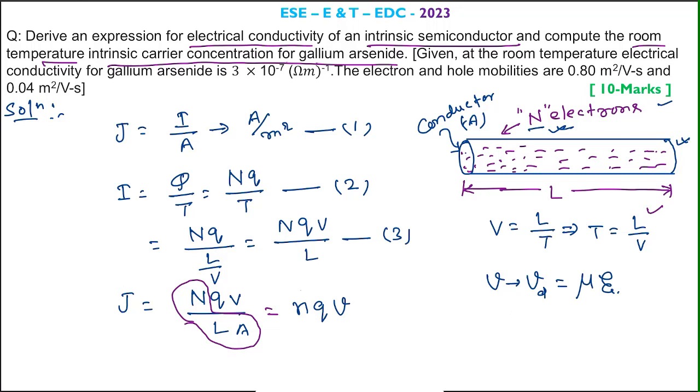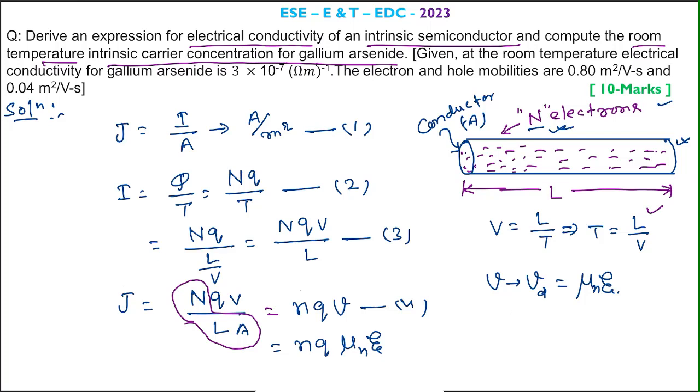So equation 4 can be rewritten as N Q μ E. In the case of a conductor, the charge carrier is the electron, so the mobility can be written as μn.